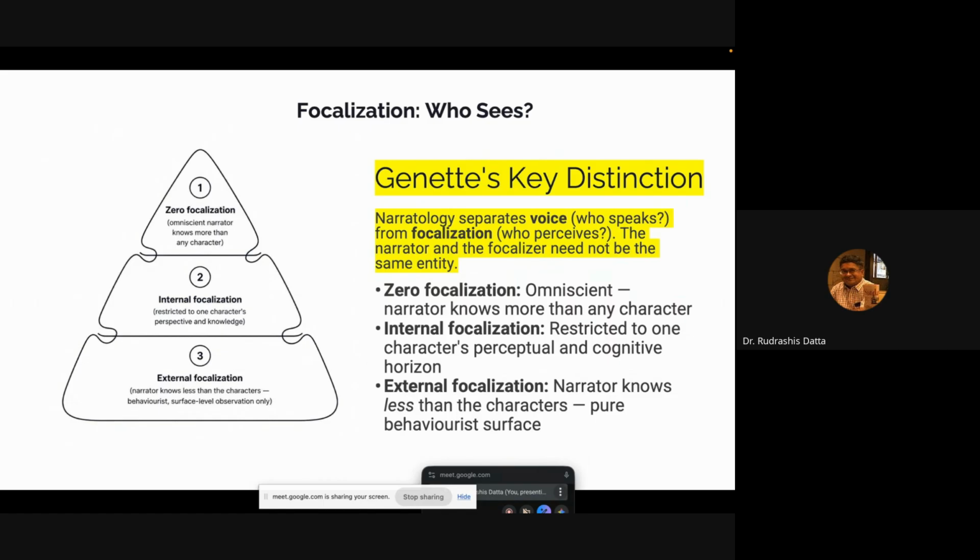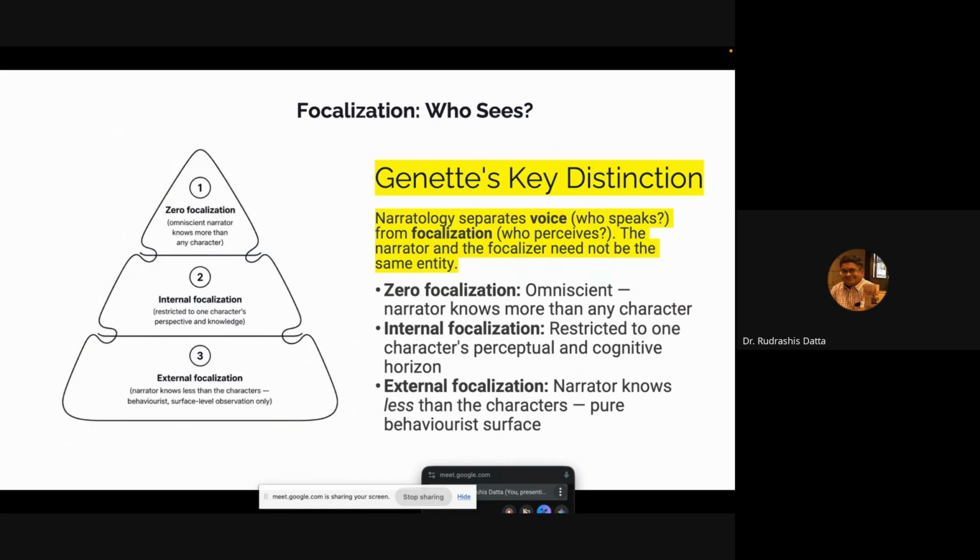Okay. When there is no focus, zero focalization, the narrator is an omniscient narrator. That is, he knows everything about everybody and is narrating accordingly. Right?